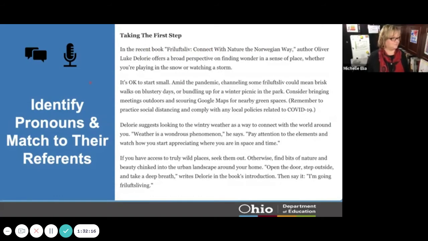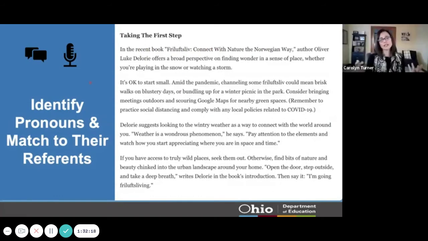One of the things we like to think about is the use of pronouns, and how pronouns, even though they're these three and four letter seemingly simple words, can cause a lot of issues for our readers and our developing readers, whether you're a native speaker or an English learner.